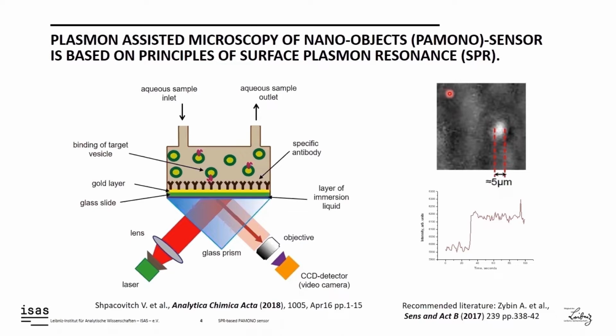So a typical image consists of a gray background, no reflection, and a very bright spot. The binding event occurred and reflection condition changed. Reflection occurs also, and can be detected by the CCD camera.